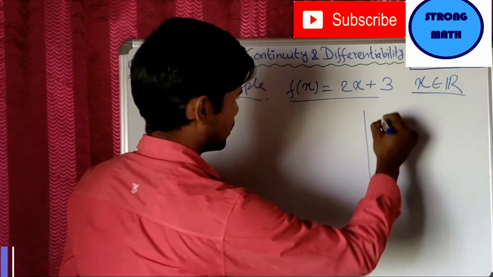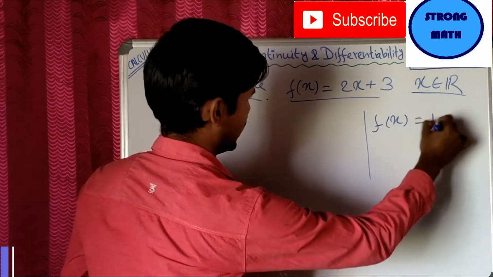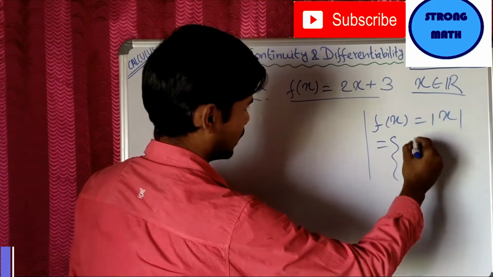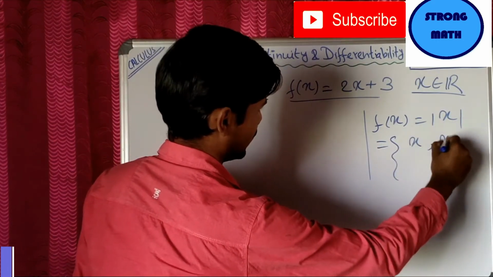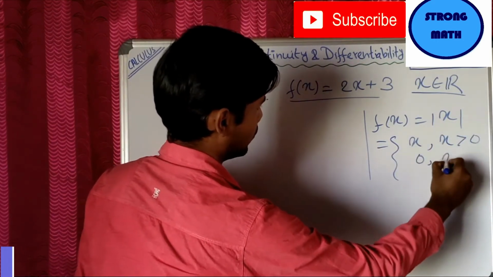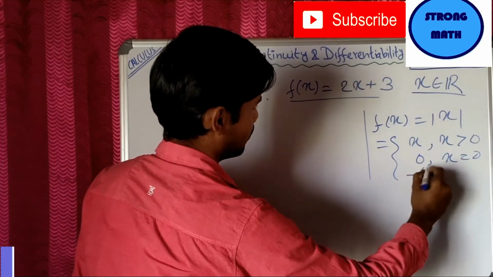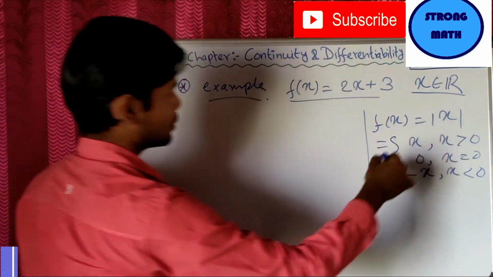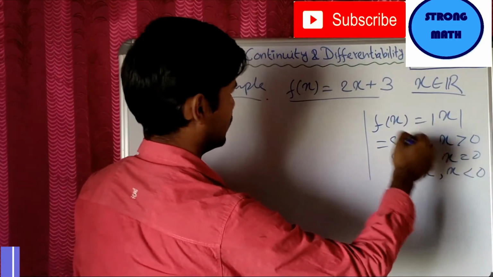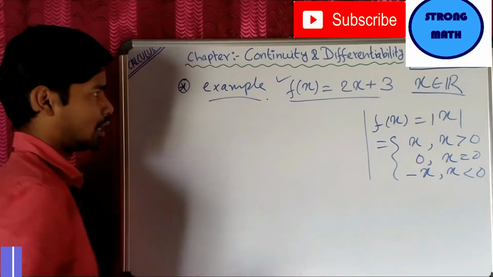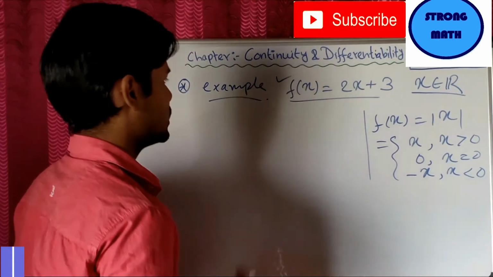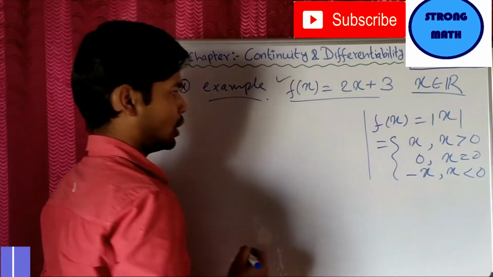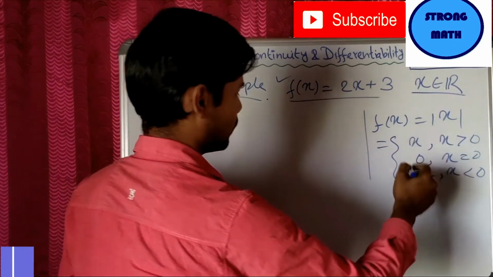No break means, suppose you have f(x) equals mod x. You know that the definition of mod x is x when x is greater than 0, 0 when x is 0, and minus x when x is negative. So this is called the break of a function. Look here, the function f(x) equals 2x plus 3 is defined on the whole of R, but for mod x, the function is in break form.